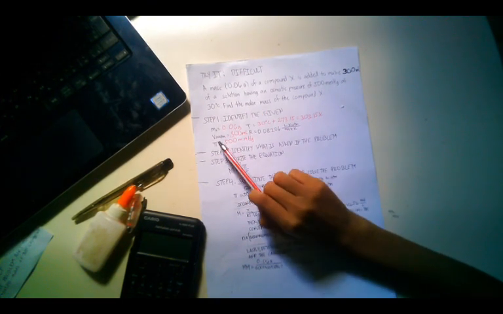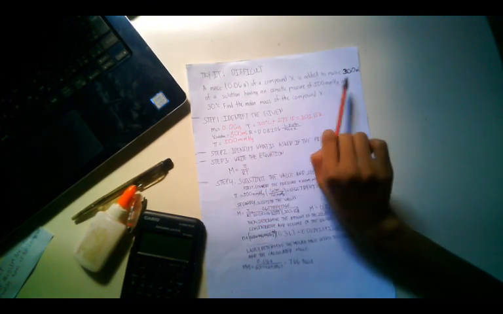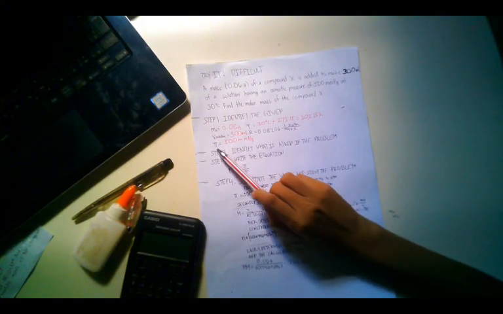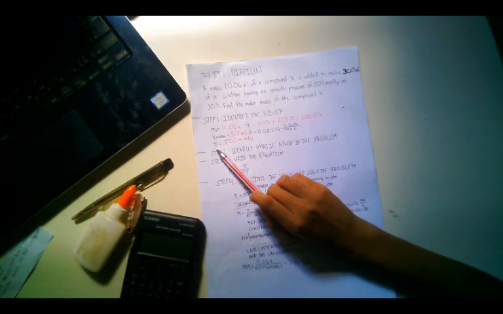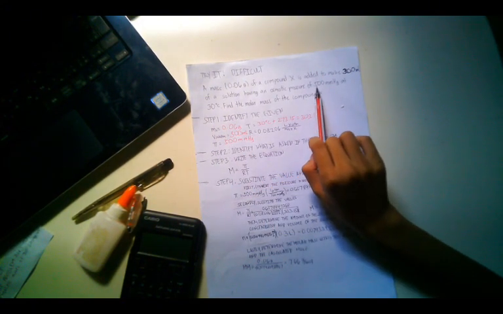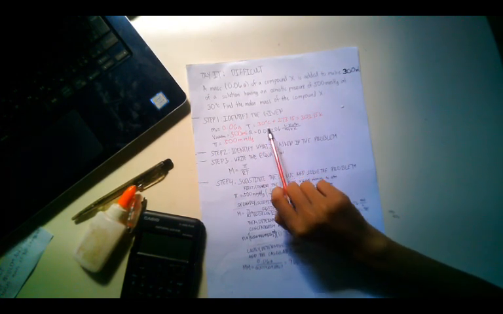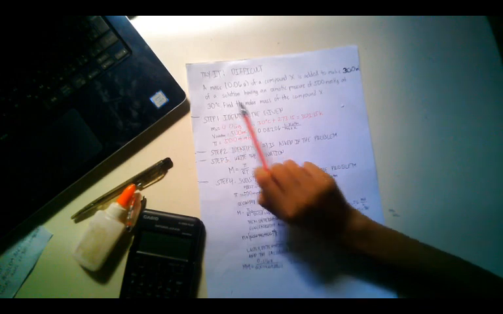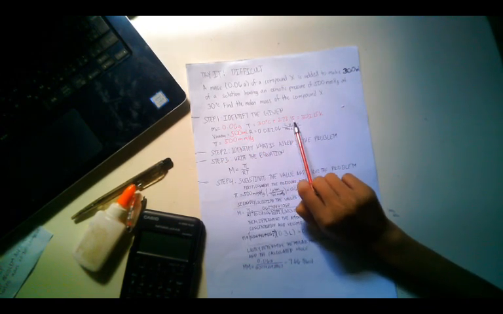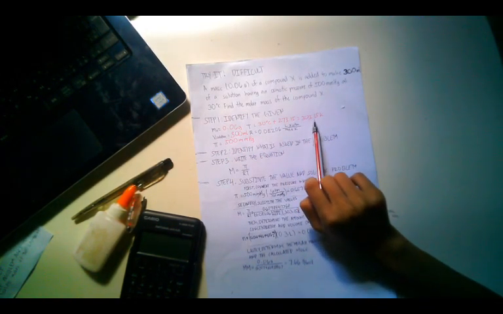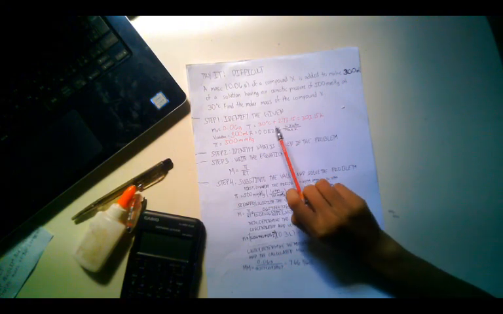Our V solution is 300 ml. Then the osmotic pressure, and the temperature T is 30 Celsius plus 273.15. The answer is 303.15 Kelvin.